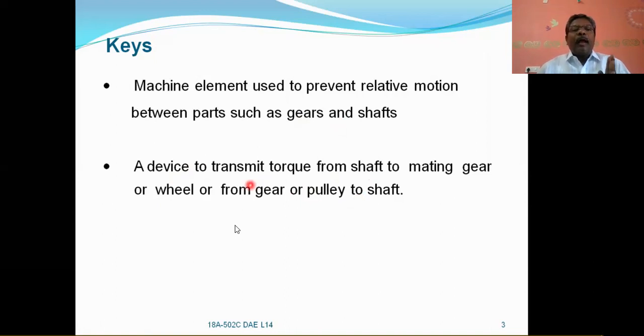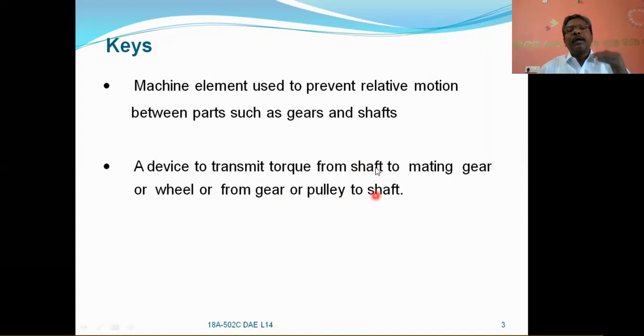Once again, a device to transmit torque from one shaft to another shaft through a mating gear or wheel, or from gear or pulley to another shaft. This is the another definition.